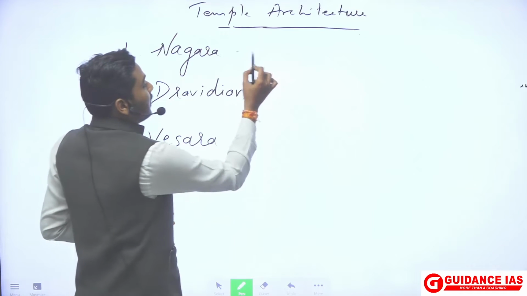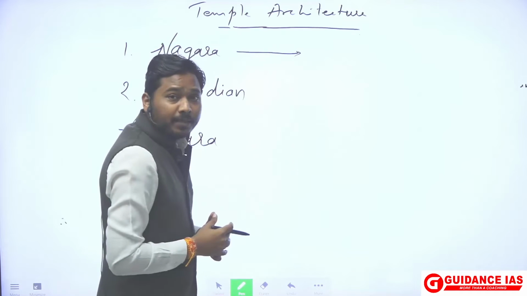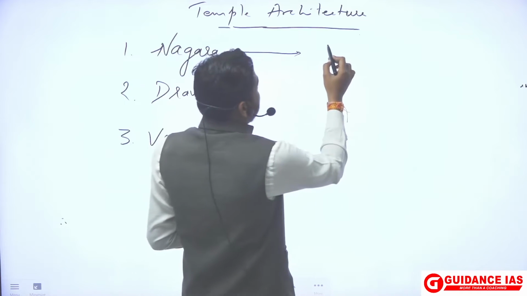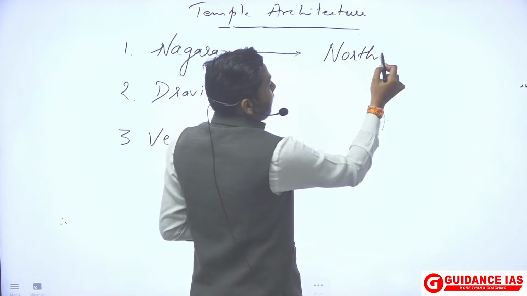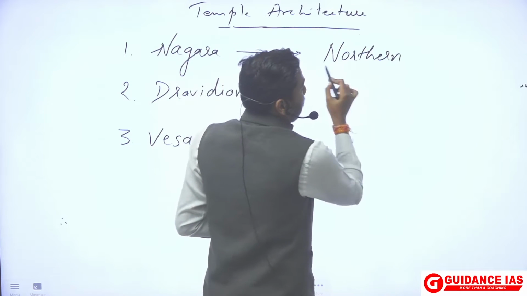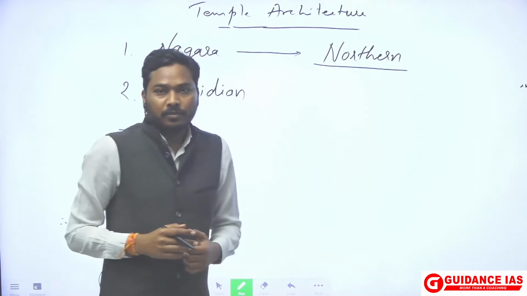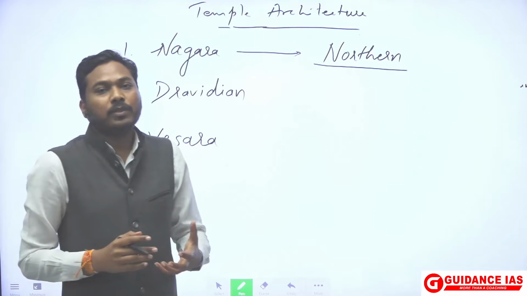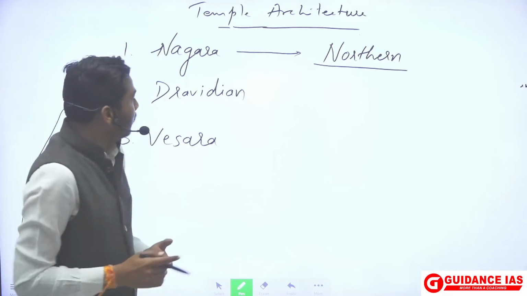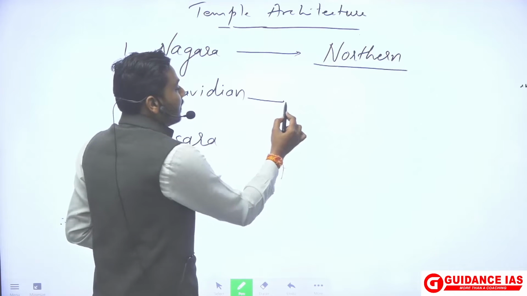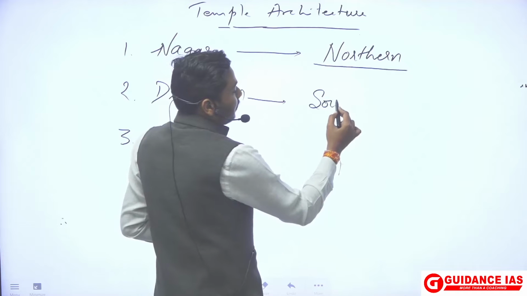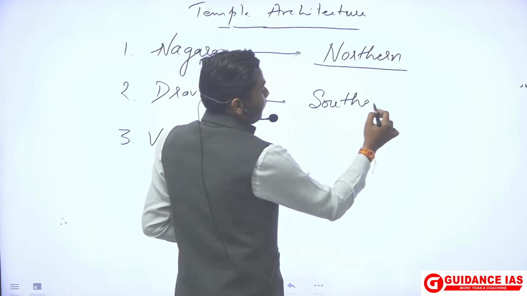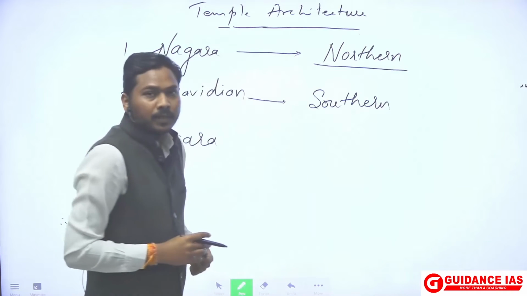First is Nagar. This Nagar temple architecture is the northern temple architecture, which is predominantly found in North India. Then there is the Dravidian style, which is mainly found in southern India. Clear?